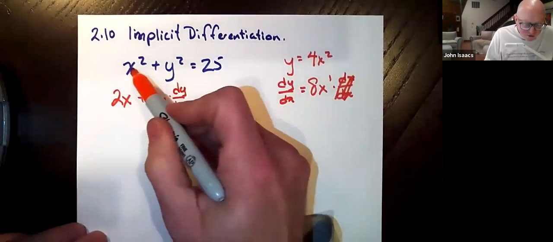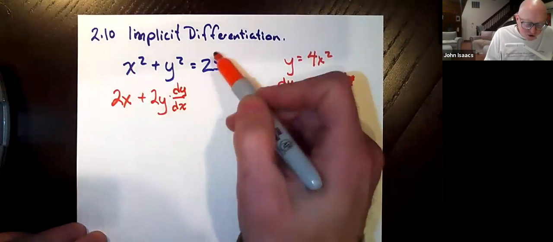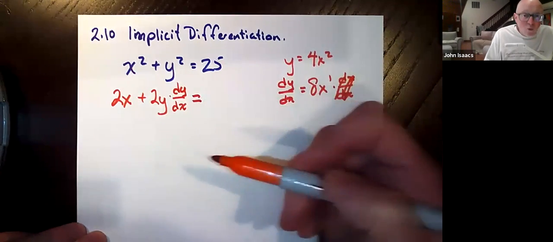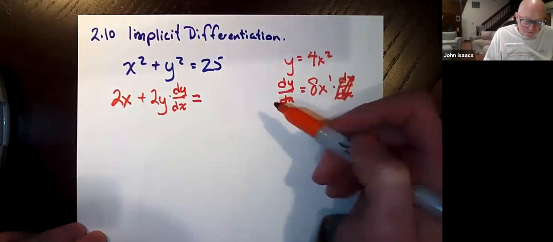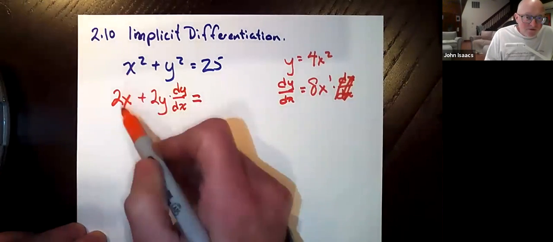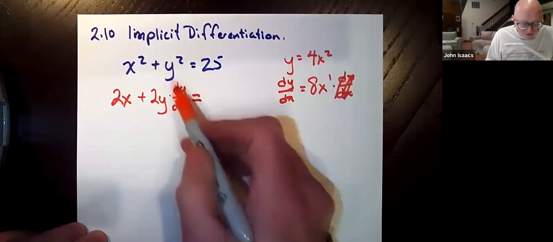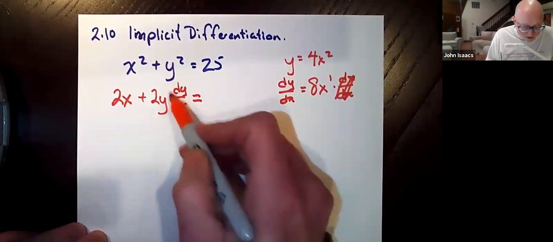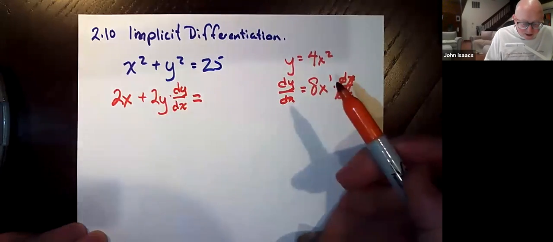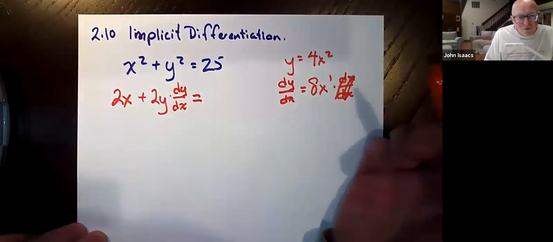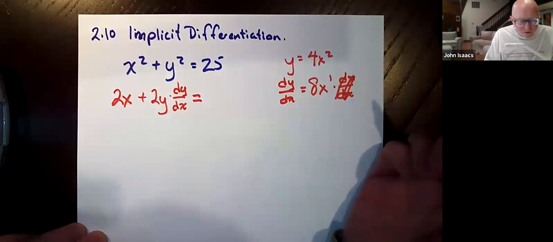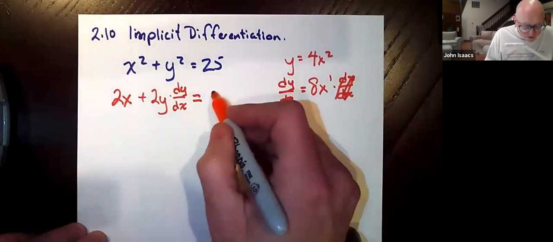We're allowed to differentiate each term in our equation with respect to x. If x is our variable, fine, we don't have to worry about it. But if x is not our variable, we have to take the derivative of that inside variable as a chain rule with respect to x. All right, and then we need the derivative of 25. 25 is just a number. So the derivative of 25 is 0.